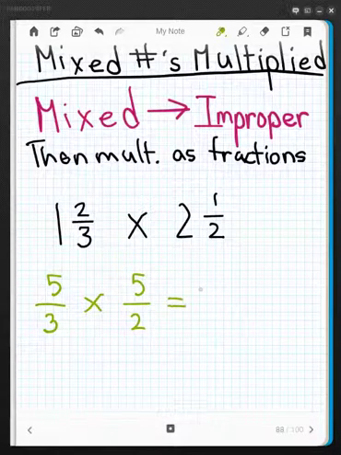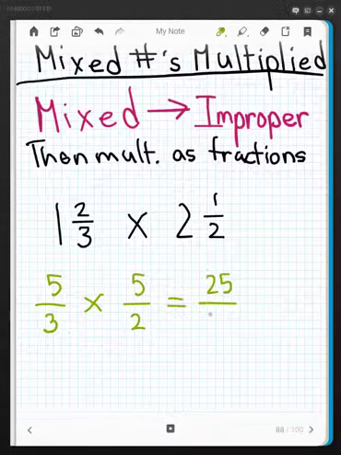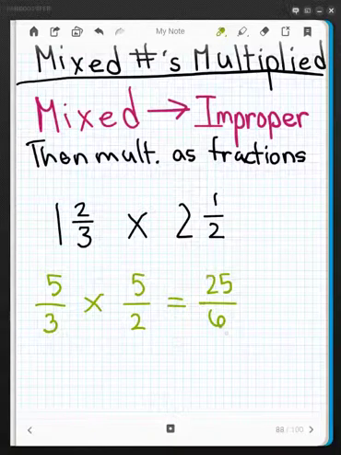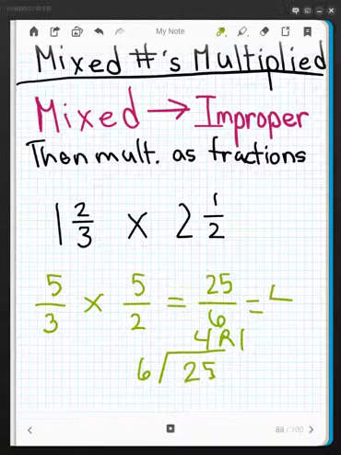And then we multiply. 5 times 5, 25. 2 times 3, 6. And then we change back to a mixed number. 25 divided by 6 is going to give us 4, remainder 1. So whole number 4, numerator 1, original denominator 6. And there's our final answer.